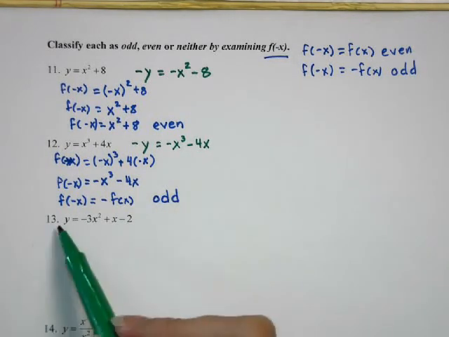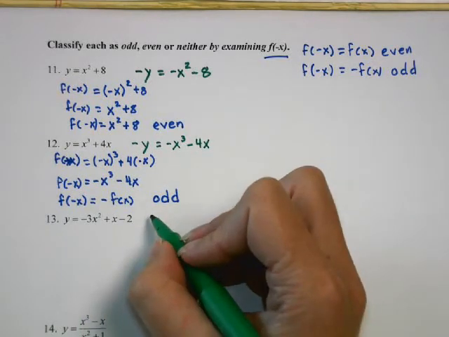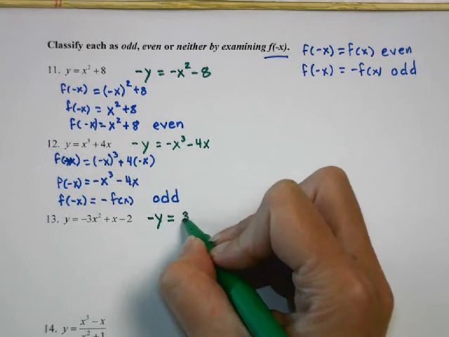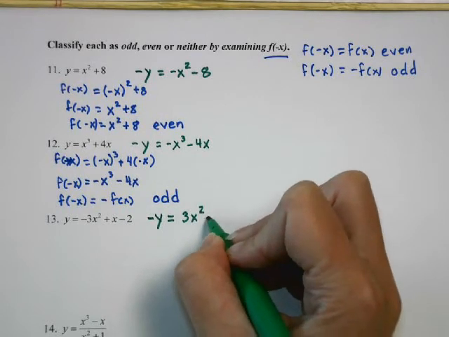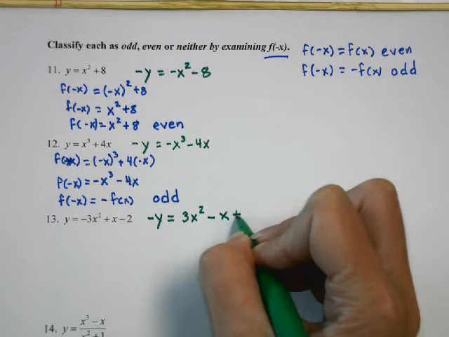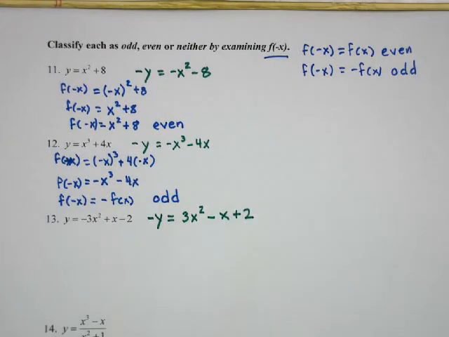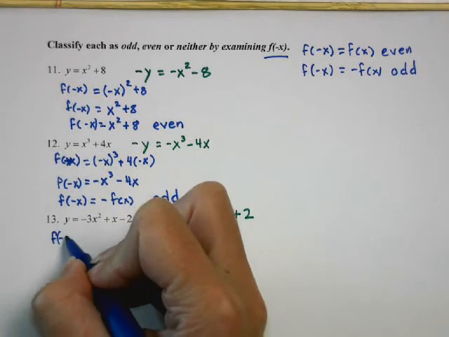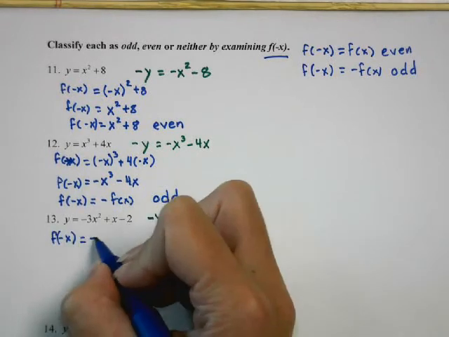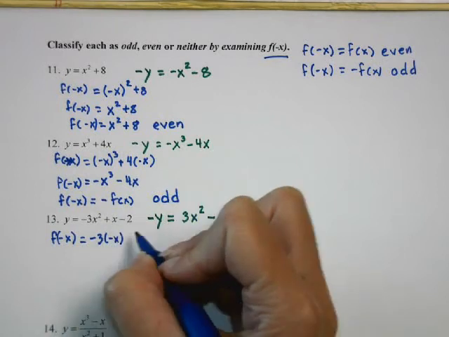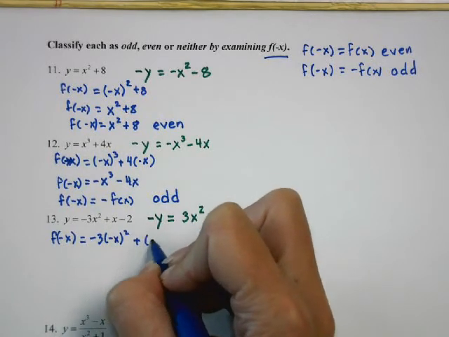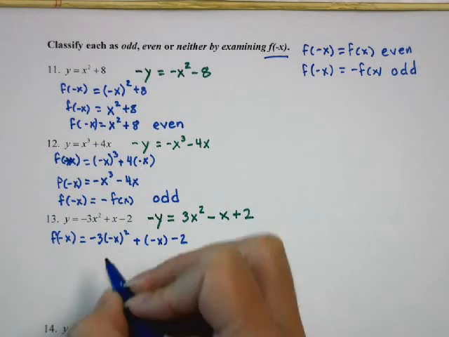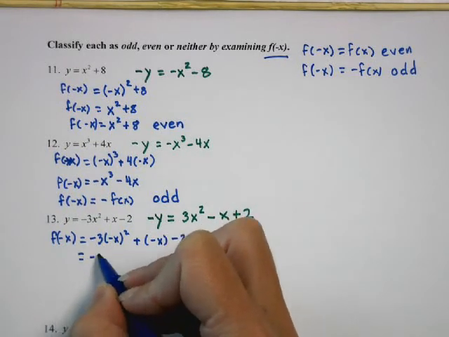Next one, so the opposite would be 3x squared minus x plus 2. Okay, so we'll plug in our negative x. So this becomes negative 3x squared, because that just becomes positive.